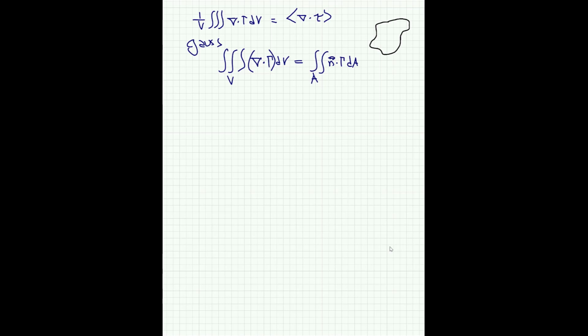We've got some flux that's in here, and we take the divergence of that flux and integrate it over the volume, and that equals, usually it would be the normal outward, so this would be the flux dotted into the outward normal.